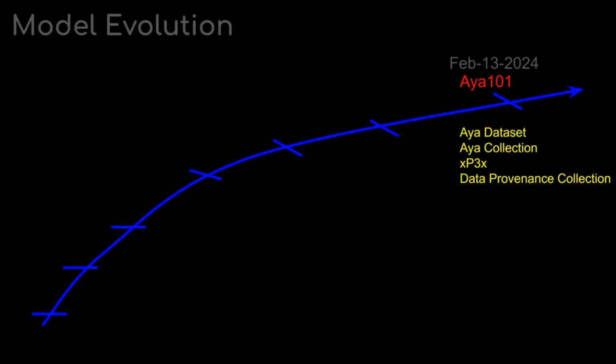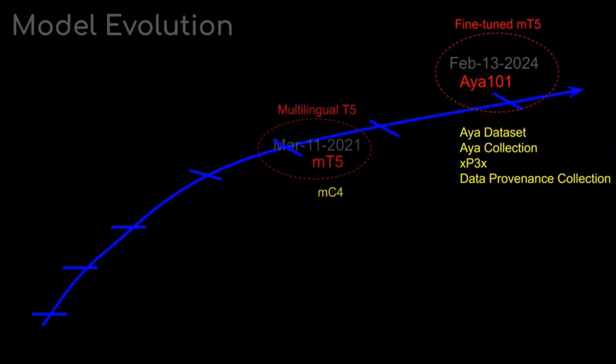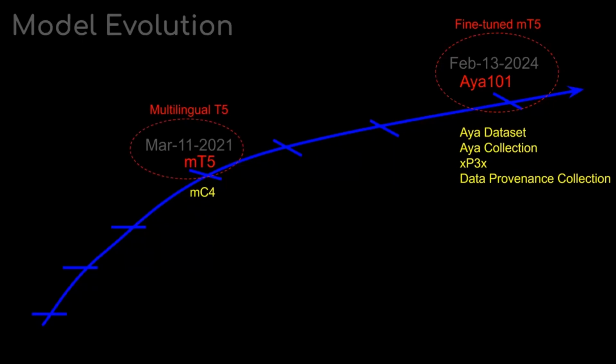When we read this paper, it's going to tell us that it is a fine-tuned MT5. Now, MT5 is another model which was released in 2021, and MT5 stands for Multilingual T5. So naturally, you might be curious, what is this T5? Now, T5 is another model that was released in 2019, and T5 stands for Text-to-Text Transfer Transformer.